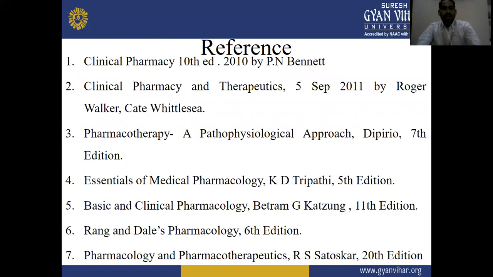Next one is references of rheumatoid arthritis. First reference is Clinical Pharmacy, 10th edition, 2010, by P.M. Bennett, and second reference is Clinical Pharmacy and Therapeutics, 5th edition, 2011, by Roger Walker.